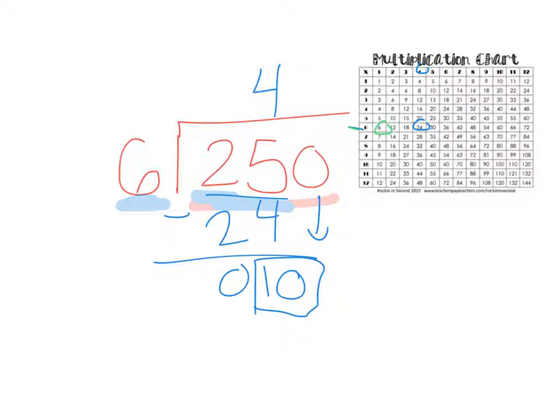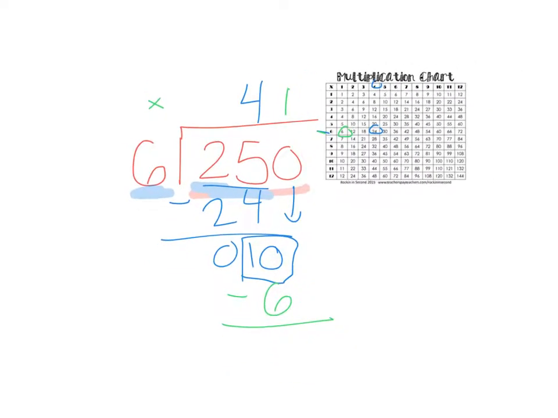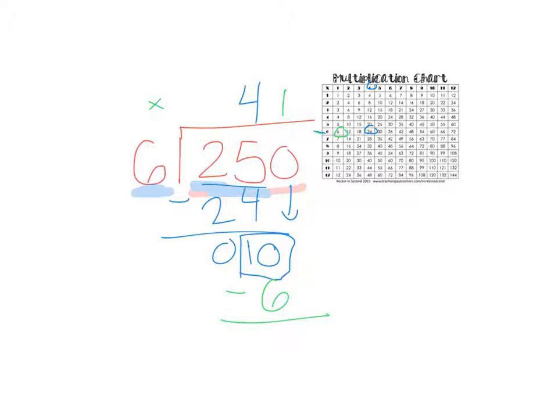So that means that we can only make one group of 6 out of 10. So our 1 needs to be placed here. And remember, we're thinking multiplication. So 6 times 1 is 6. Now we subtract. I'm going to zoom out here. 10 minus 6 is going to give us 4.